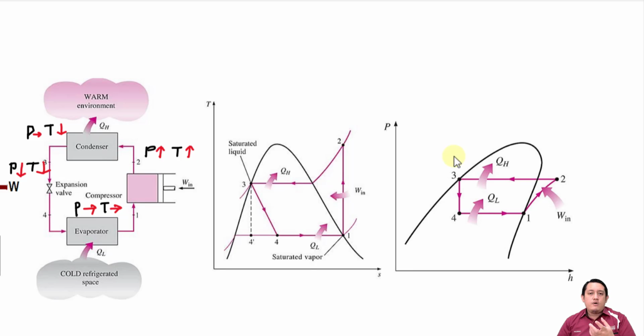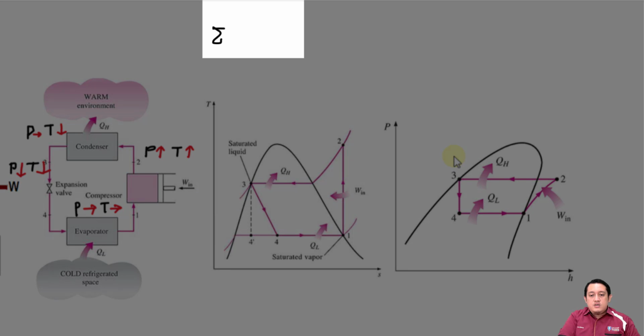So we've learned before that the first law of thermodynamics mentions that energy cannot be destroyed. So that means if the energy cannot be destroyed, the total of heat is equal to the total of work.